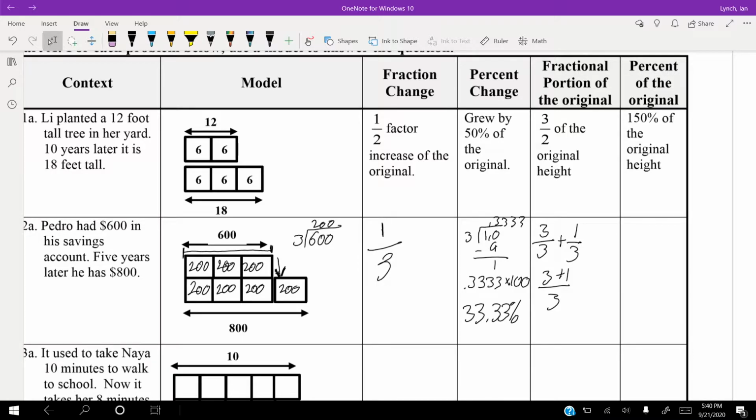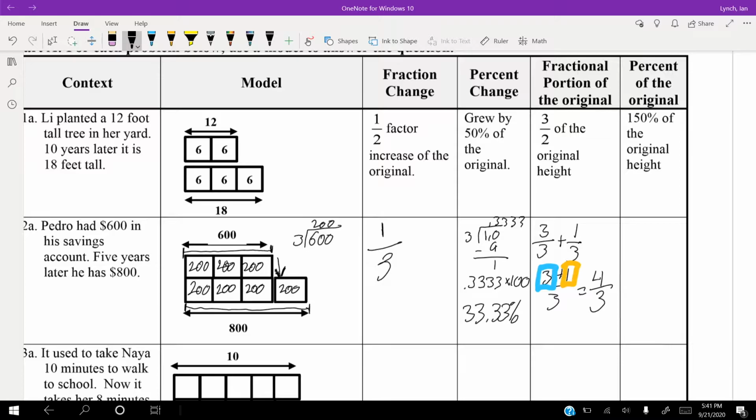So what we're really doing here is taking our original amount, I'm going to do this in blue, adding on our new amount, our increase, and putting it all over the amount we had before, which gives us 4/3 as our fractional portion. And you guys can see that there are 4 boxes down here compared to our original 3.